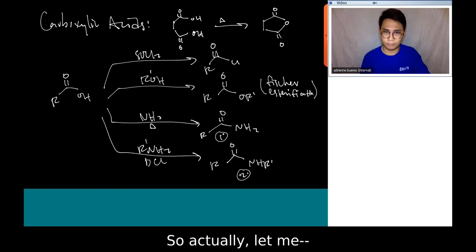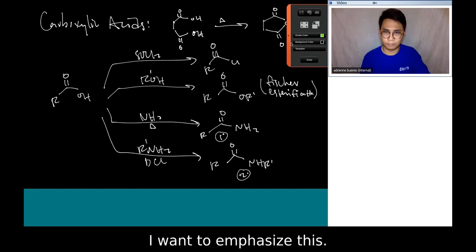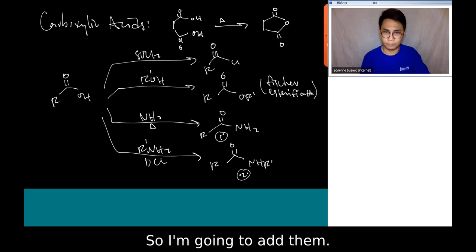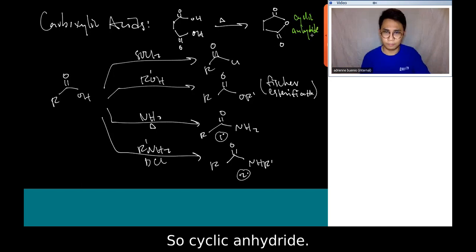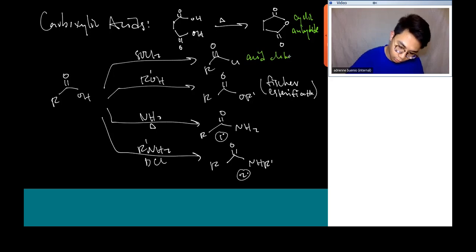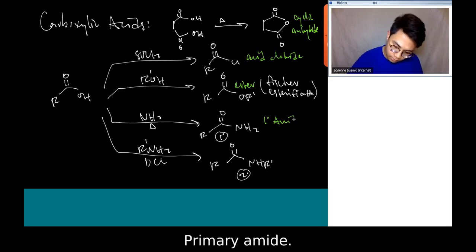So actually, let me, I want to emphasize this, so I'm gonna add them. So cyclic anhydride, acid chloride, ester, primary amide, secondary, right?